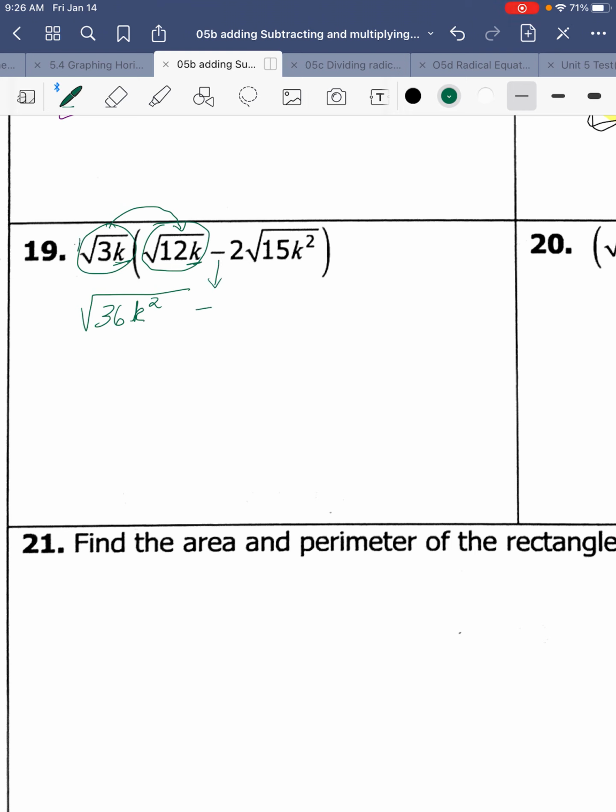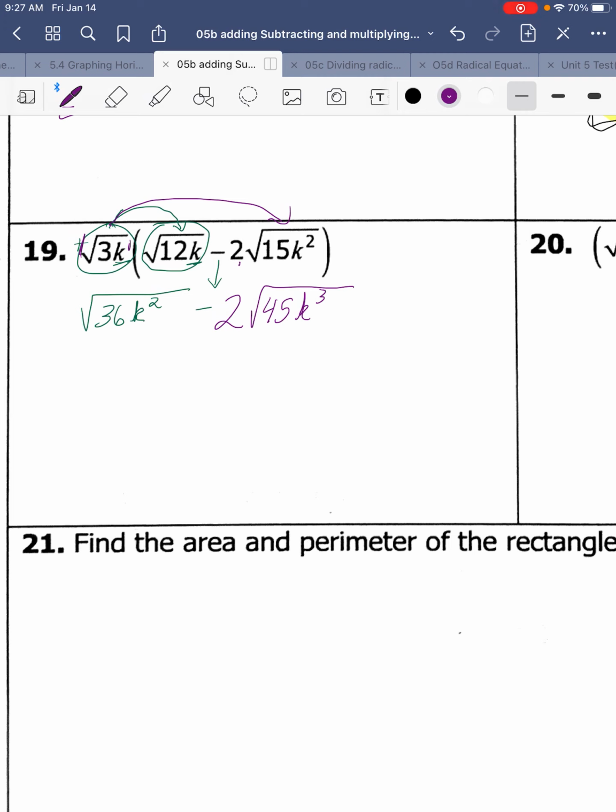Bring the subtraction down, because this is a positive over here, so it's going to stay subtraction. Now we have the square root. We have a subtract 2 that is going to come down. 1 times 2 is 2. We have the square root of 3 times 15 is 45. And k to the first times k squared is k to the third.